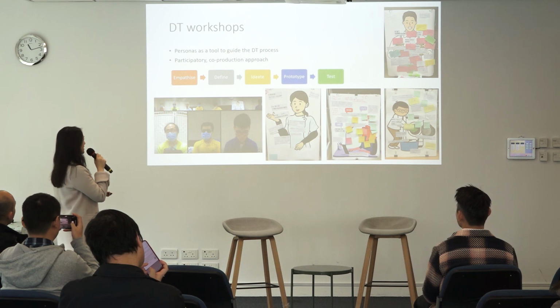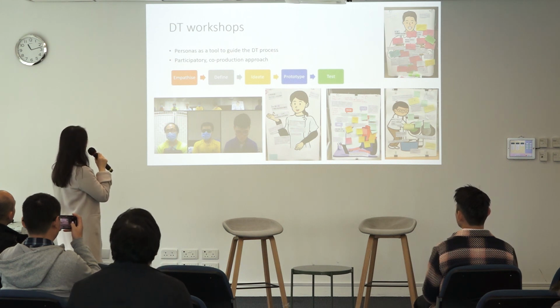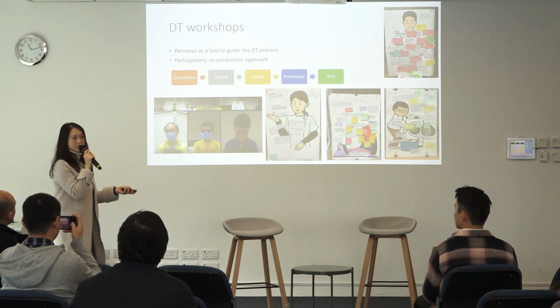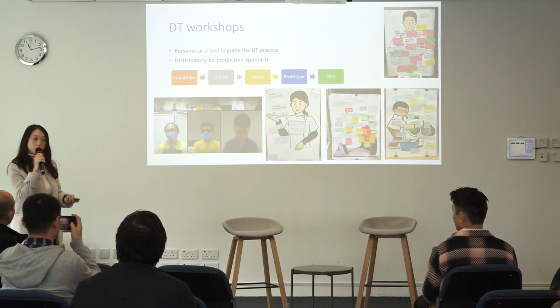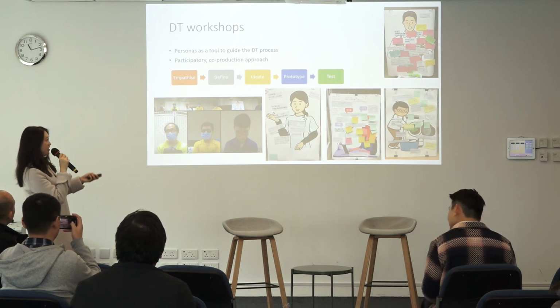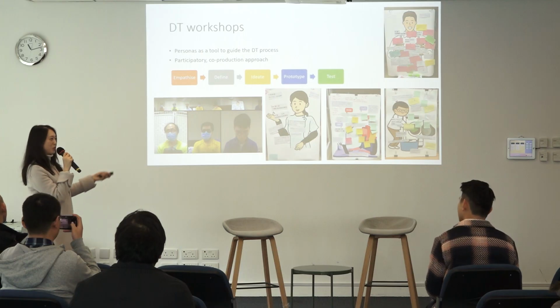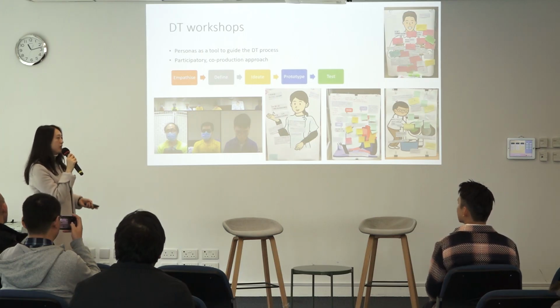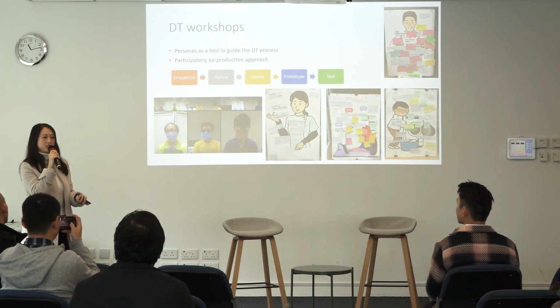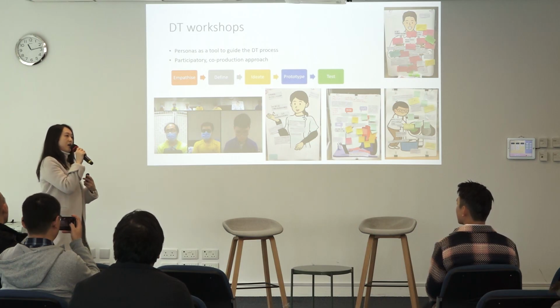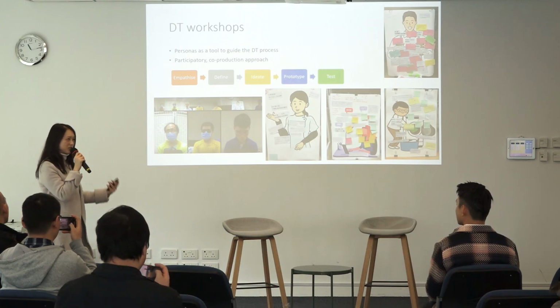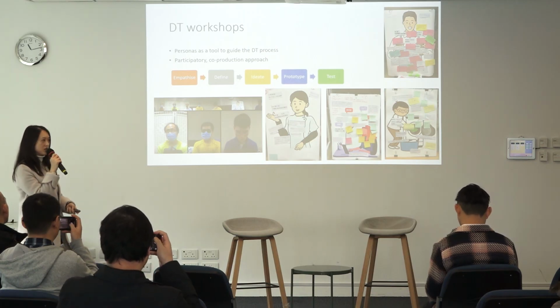We went through the first three stages of the design thinking process, because feasibility-wise there was no time for prototyping and testing. There are a lot of tools, for those of you who aren't familiar with design thinking workshops, this type of participatory, very action-oriented research.